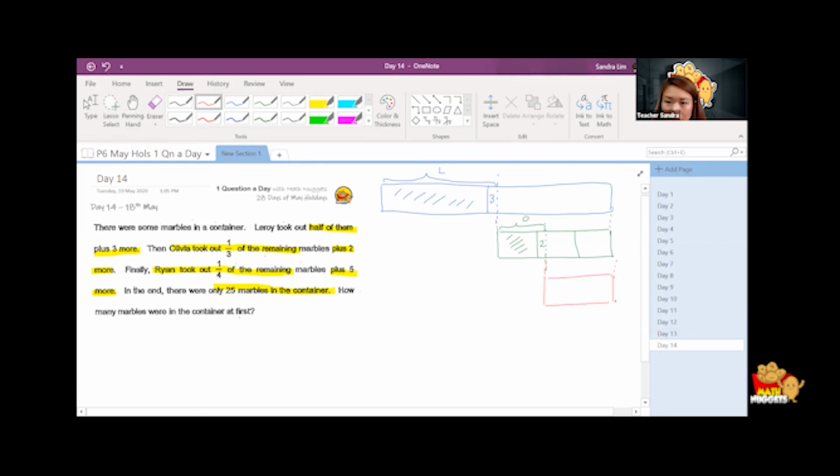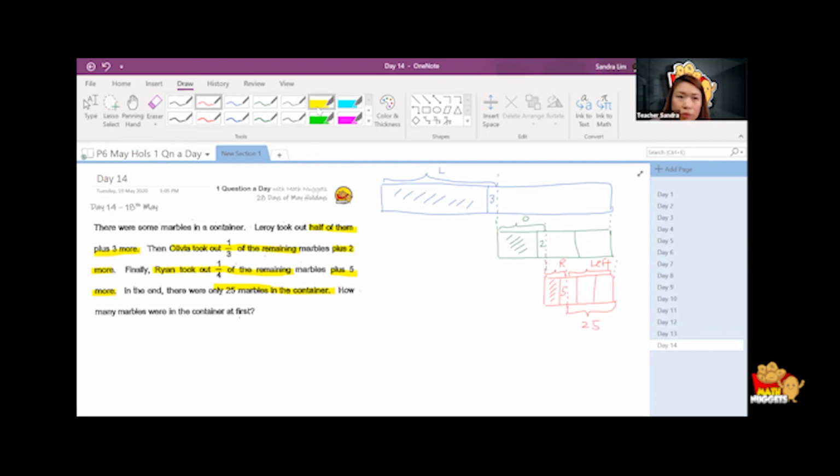Then, now we can cut it into 4, out of which Ryan took 1. And that's not all, right? Plus 5 more. So again, let's take out 5 from the next unit. And this was what Ryan took. And the leftover is over here. And we know that the leftover is actually 25.